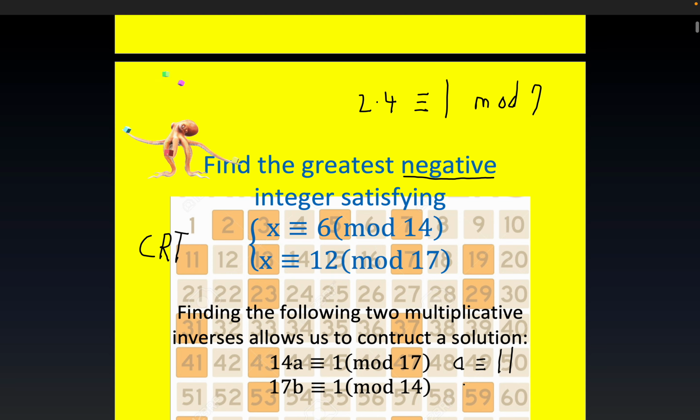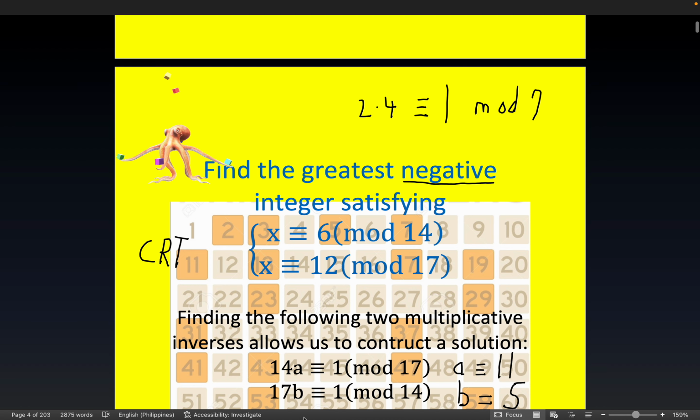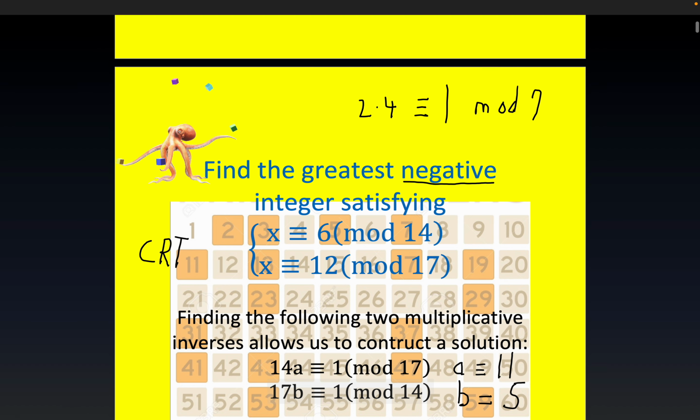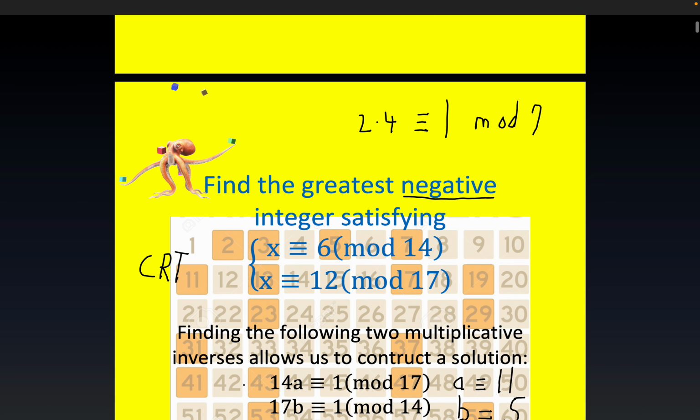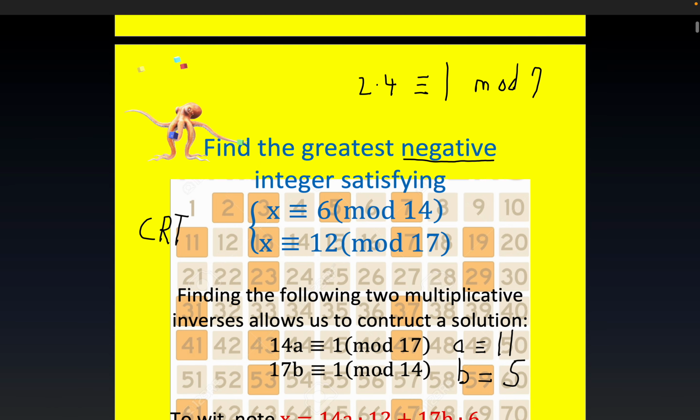And in a similar fashion down here, you'll get that B is equal to 5. Say equal or congruent; it's a little more accurate to say equal, I suppose. The reason there is 5 times 17 is 85. 85 minus 1 is 84, and 6 times 14 is 84. So we found the two multiplicative inverses, and let's continue here.